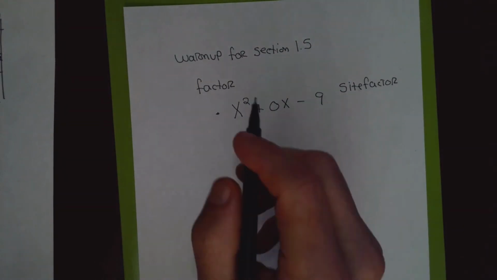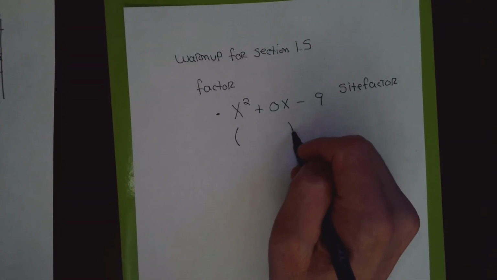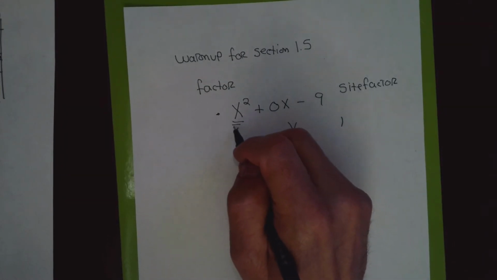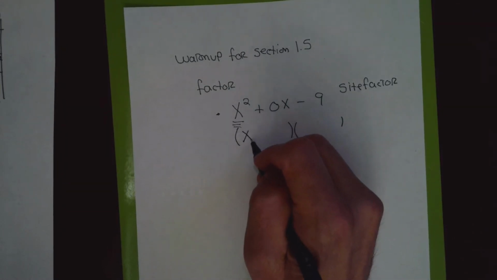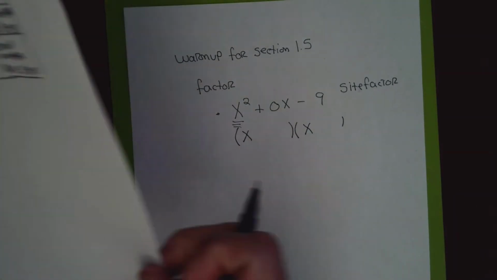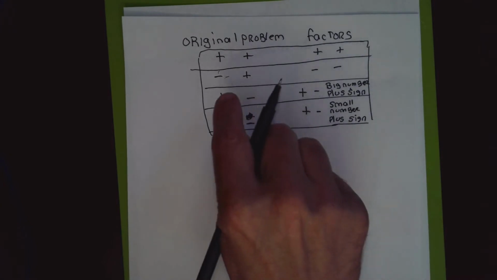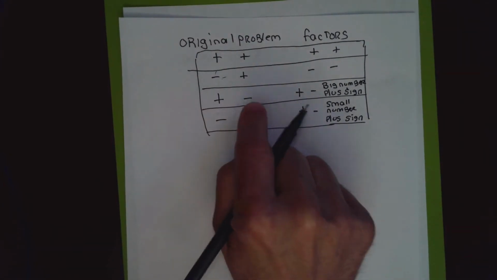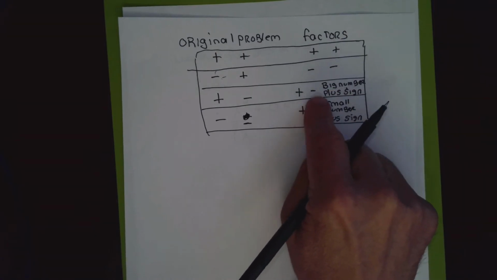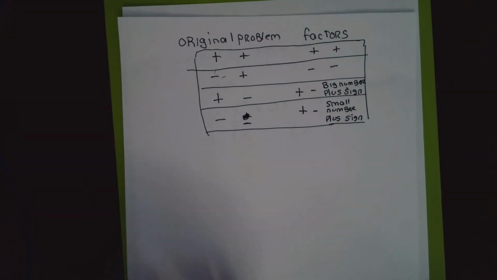What I'm about to do is I'm going to create my two parentheses. I'm going to split the x squared evenly between the two parentheses up front, and then I look at my signs. My signs in the problem are plus and minus. The numbers that I'm going to need to worry about are numbers that are plus and minus, big number plus, small number minus.